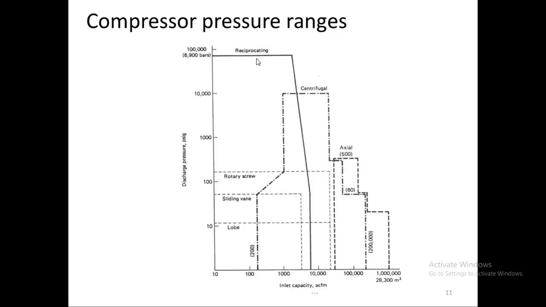They can produce the highest pressure, but cannot produce a large amount of fluid. Whereas the centrifugal or the axial are not as high in compression pressure, but they can supply you a larger volume. So that's the difference. That's how you select which type of compressor you should take for your application.